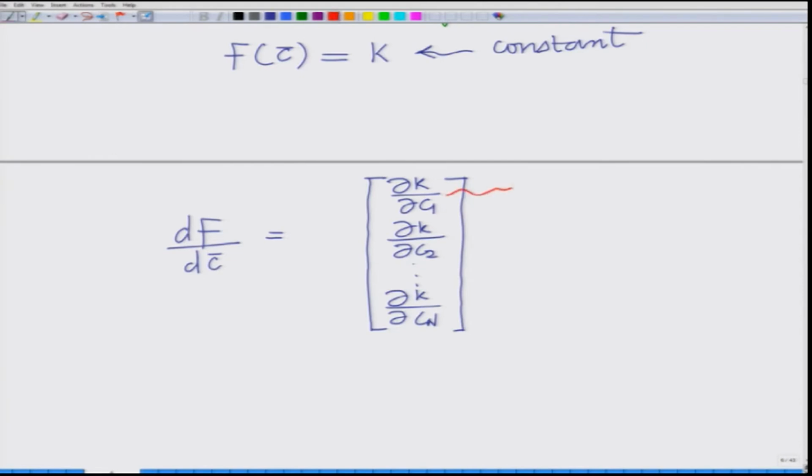Each of these is equal to 0, since this is the derivative of a constant with respect to C 1, C 2, C n. Therefore, df by dC bar is equal to 0.